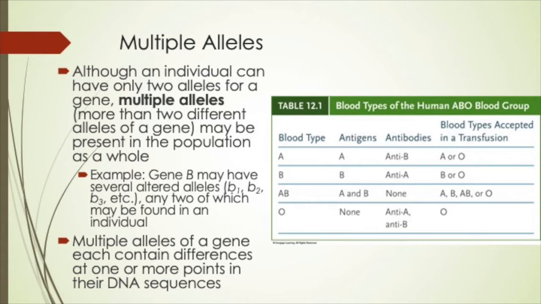Then we have multiple alleles. Although an individual has only two alleles for a gene, there can be more than two different types of alleles of a gene in a population. An example is ABO in our blood, gene A, B or O, which may change the way we receive or give blood.